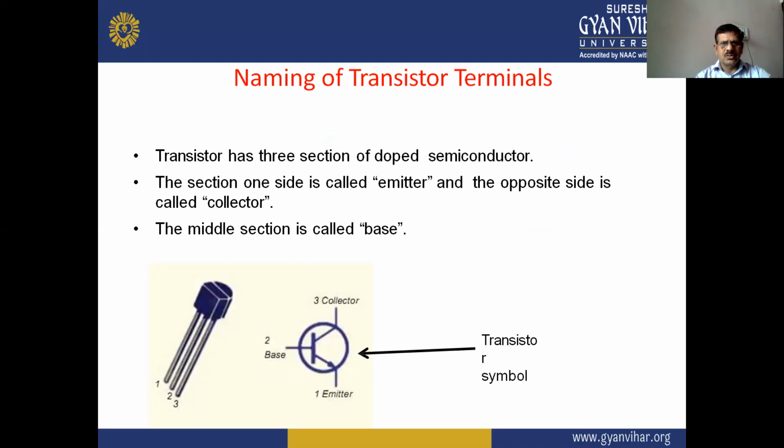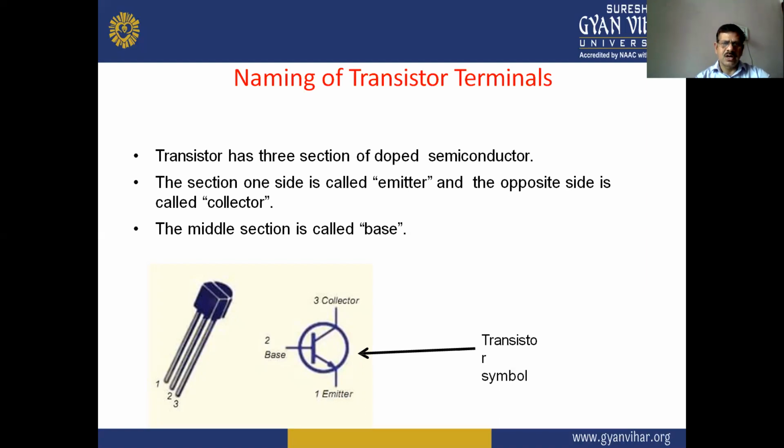Naming of transistor terminals. The transistor has three sections of doped semiconductors. The section on one side is called the emitter and the opposite side is called the collector, while the middle section is called the base.